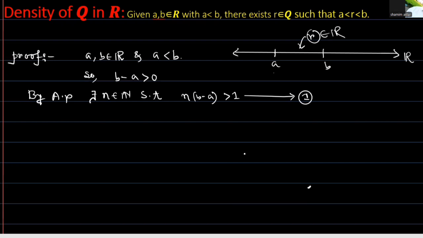Okay, by the Archimedean property. Now let k equal the greatest integer of nA, and m equal k plus 1. So clearly nA is less than m.